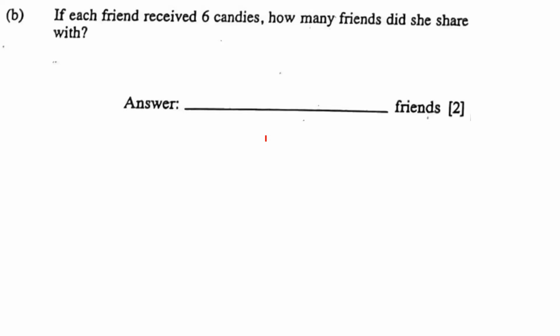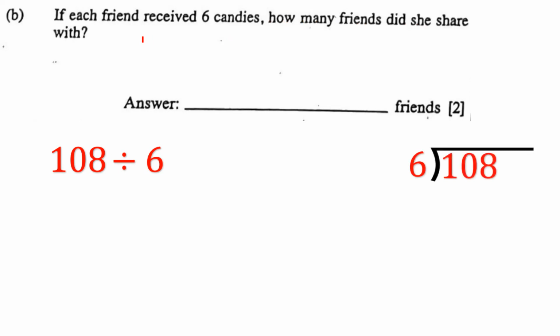Question B. It says, if each friend receives 6 candies, how many friends did she share with? So each friend received 6 candies, so we're going to take that 108 and divide it by 6. How many times can 6 go into 10? Well, 6 goes into 10 once. 6 times 1 is 6. We subtract.